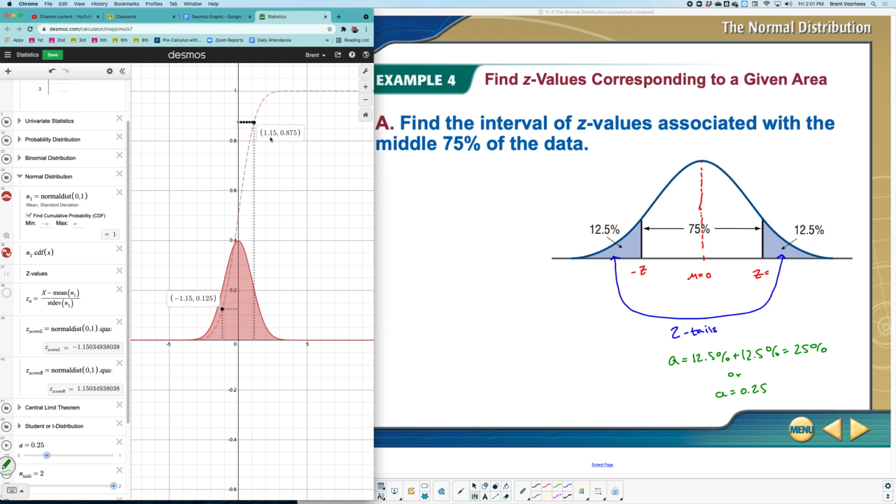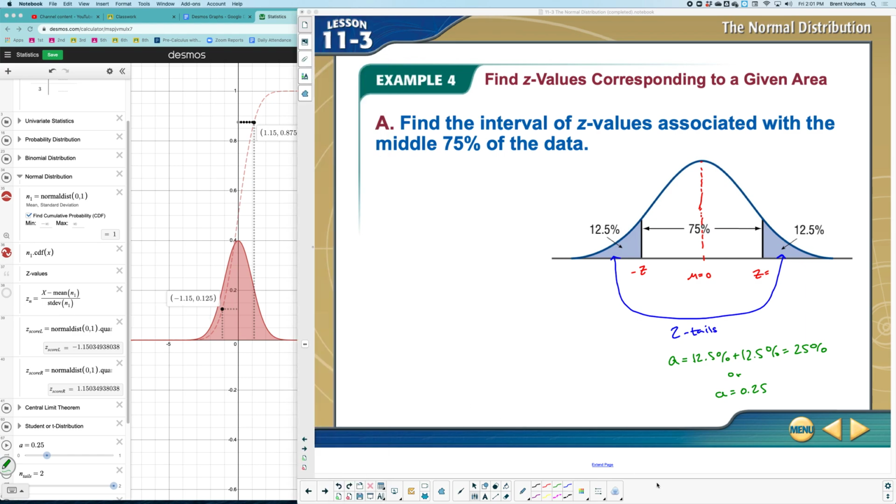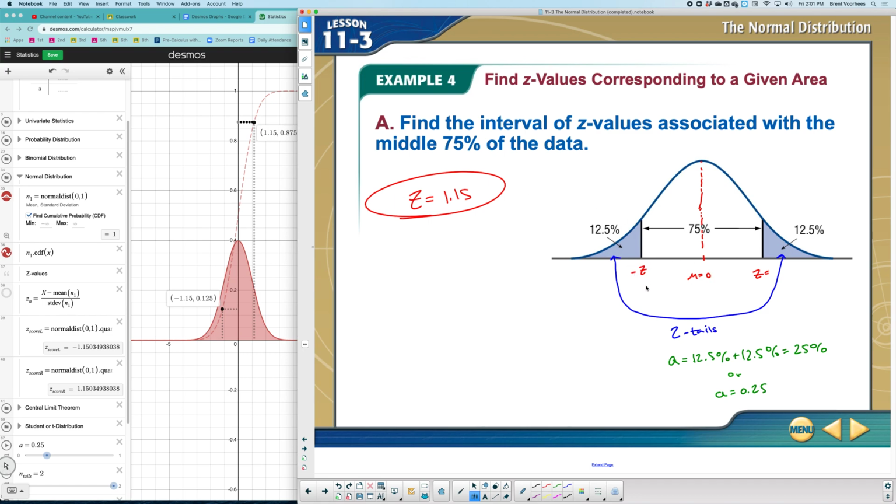You would have the z values of 1.15. So that's my answer in this one. Z is going to equal 1.15. Now you might be thinking, well, one of them is negative, one's positive. Yes, the negative one is negative z. So negative z equals negative 1.15 and positive z equals 1.15.